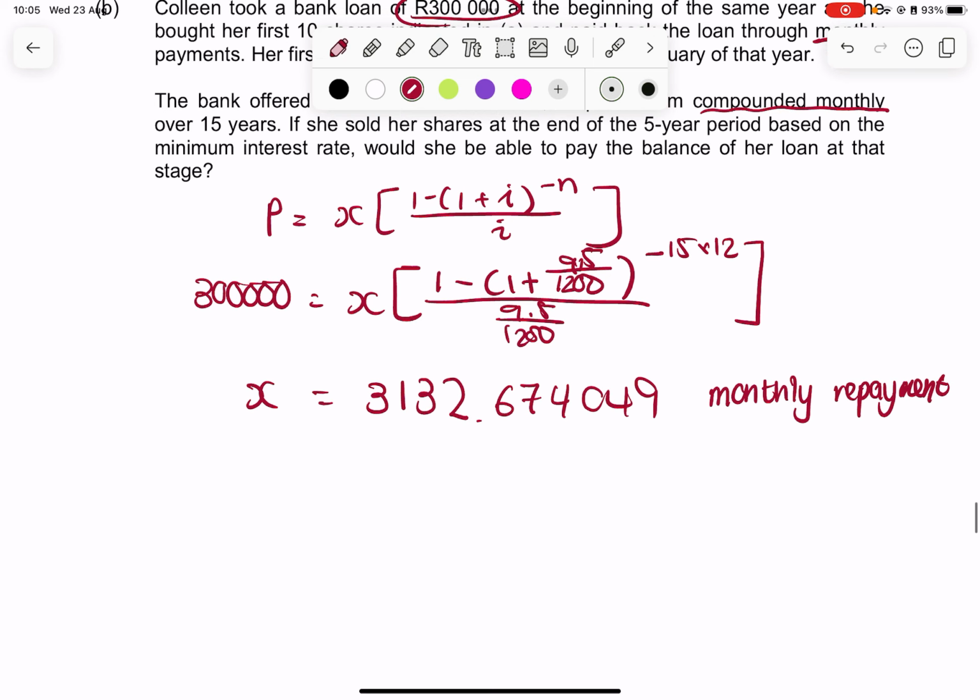Okay, we also want to figure out how much she would have owed in total before she paid anything. So we can just do that using simple compound interest.